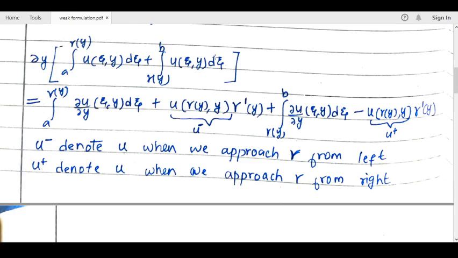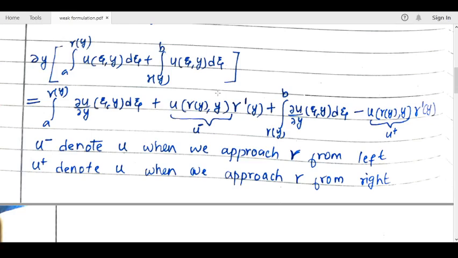Plus now you have to differentiate the second integral. So this becomes integral gamma of y to b of ∂u/∂y of theta comma y d theta, plus the upper limit term, but since the upper limit b is a constant, its derivative is 0, so that term vanishes.